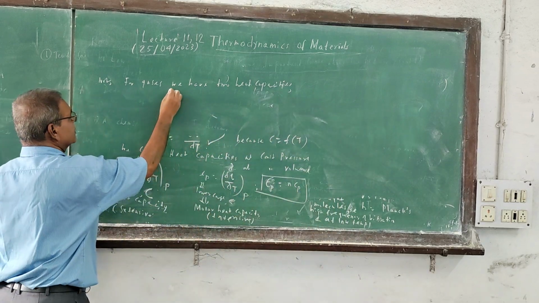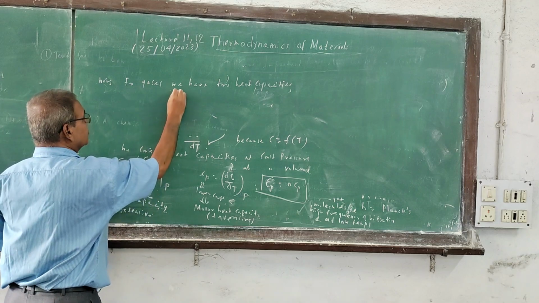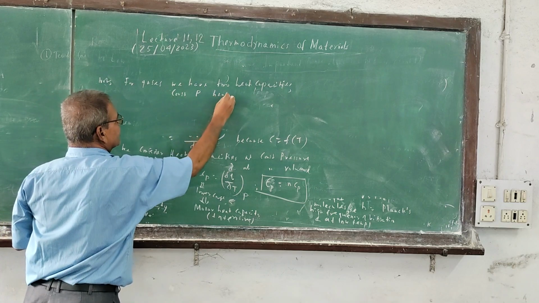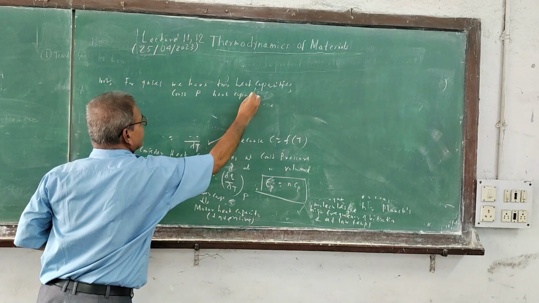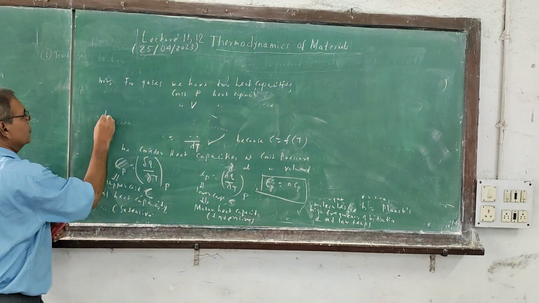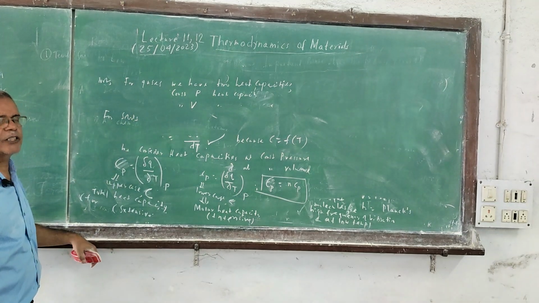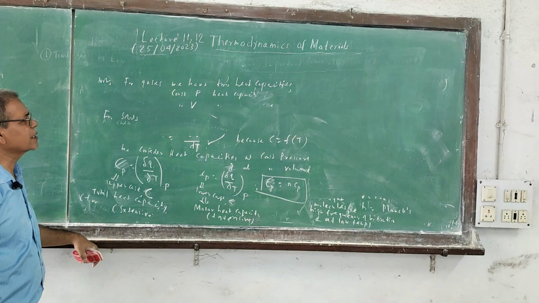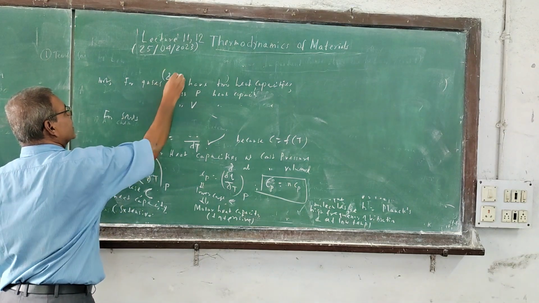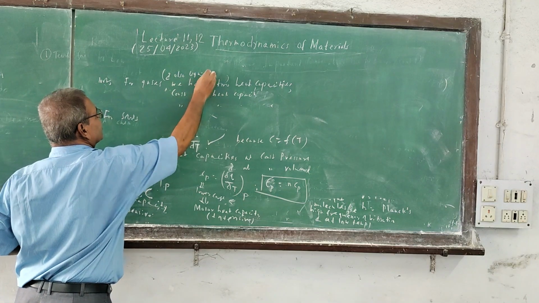Constant pressure heat capacity, molar or total, whatever. Another is constant volume heat capacity. But for solids and liquids, particularly solids, how do you consider it? For gases, it is right here, and also liquids.